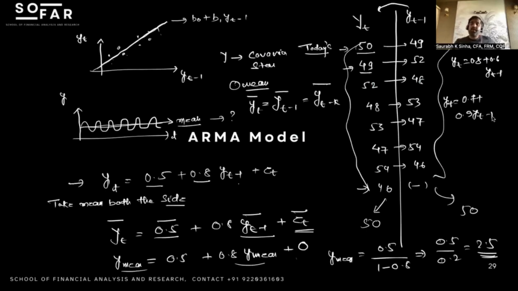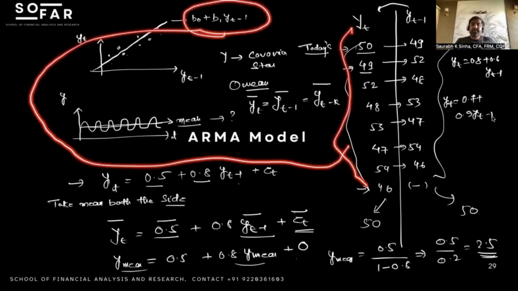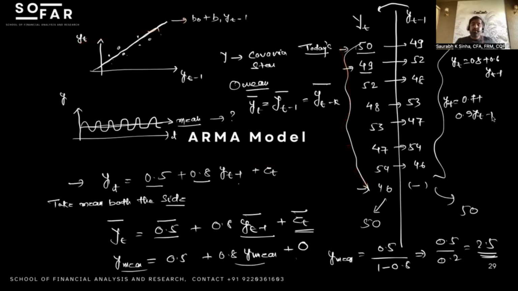What I'm saying is, you took 10 data points and you tried to derive the equation. You got yt equal to 0.5 plus 1 into yt minus 1. Now you increase the data points to 20. Here b1 is what? 1. But for 20, your equation is coming to 0.5 plus 0.8 into yt minus 1.